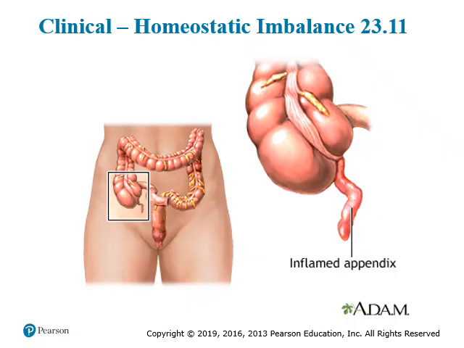So this is a homeostatic imbalance. Here's a picture of an inflamed appendix, and inflammation of the appendix is appendicitis. Usually it results from a blockage by feces that traps infectious bacteria, and it's very common among children and adolescents whenever the entrance to the appendix is at its widest, which is because of their age.